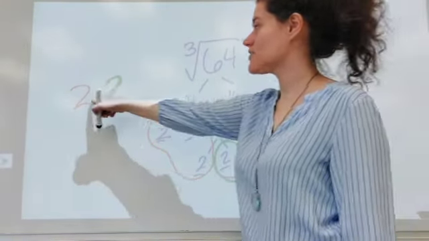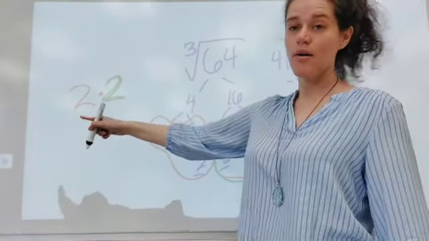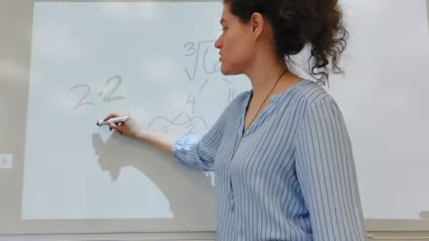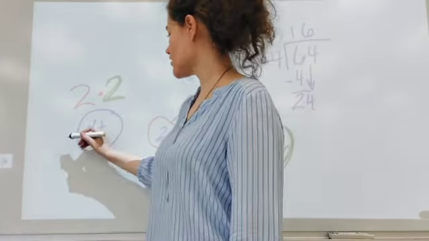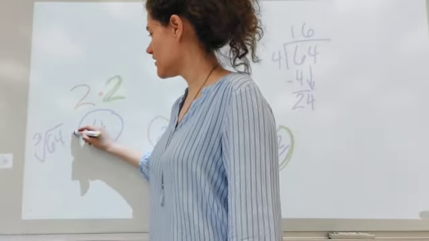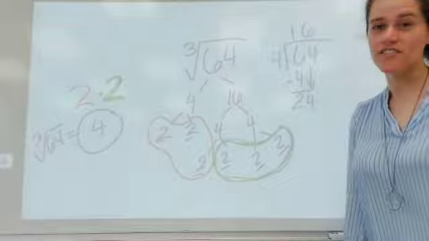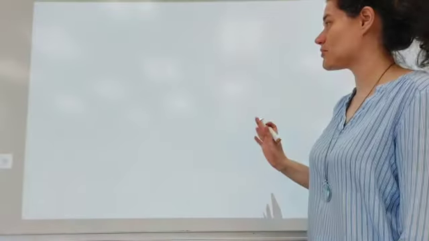So all that's left is these 2 on the outside, and I just need to multiply them together. So 2 times 2 gives me 4. So then the cube root of 64 simplifies to 4.